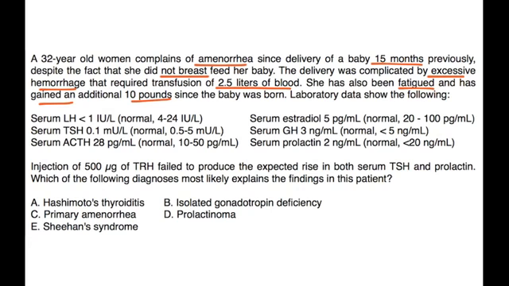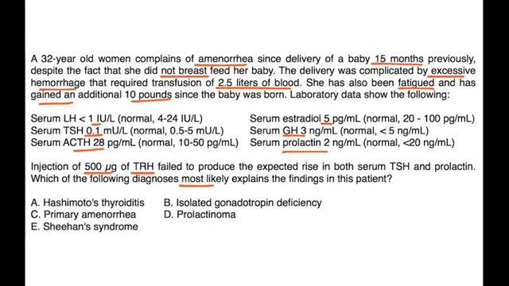LH is 1, serum estradiol is 5, TSH is 0.1, growth hormone is 3, ACTH is 28, prolactin is 2. Injection of 500 micrograms of TRH failed to produce the expected rise in both serum TSH and prolactin. Which of the following diagnoses most likely explains the findings in this patient?